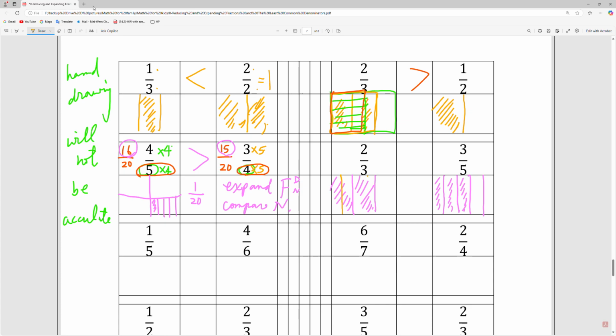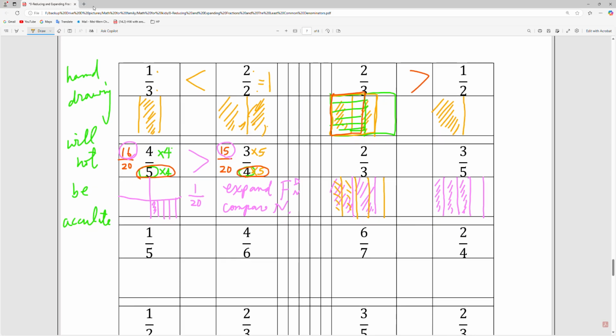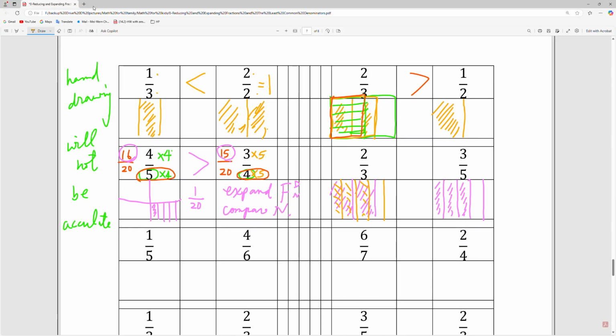Divide by 2, and 1, 2, 3. According to my drawing, it looks like the pink color is greater. But because I don't trust my hand drawing, I would like to calculate.